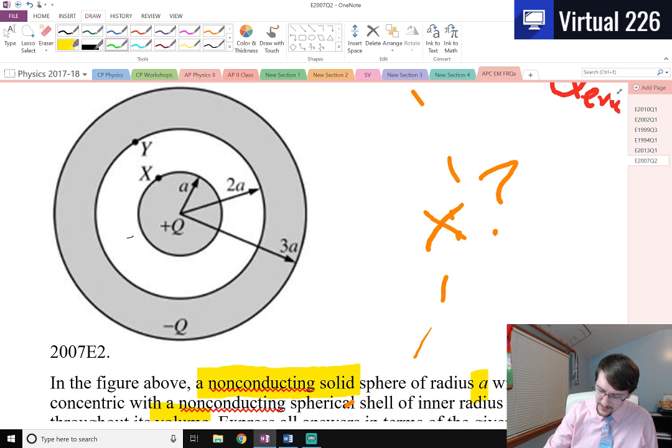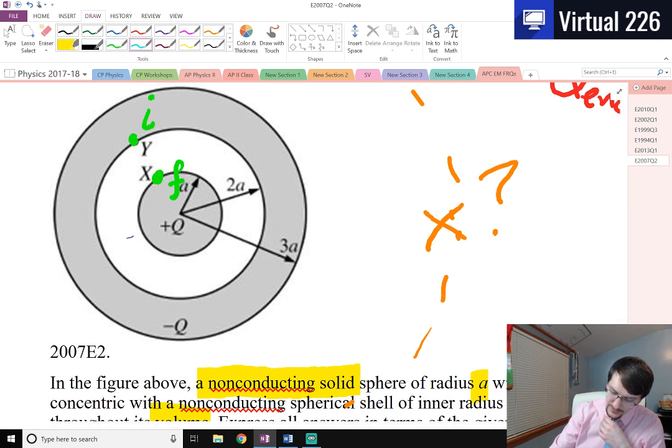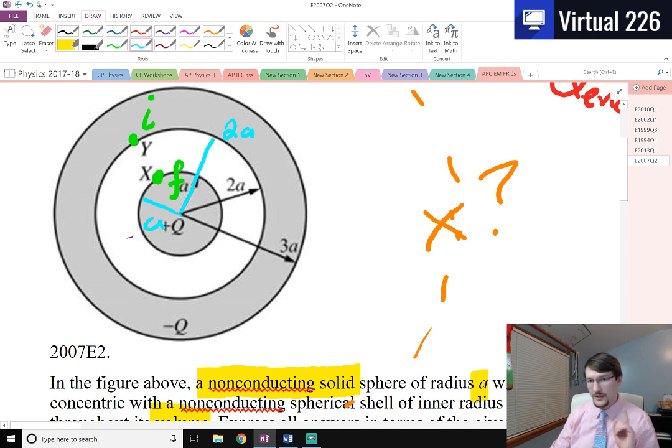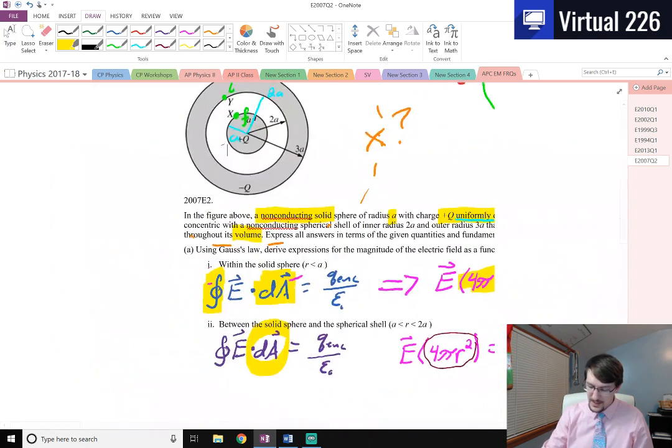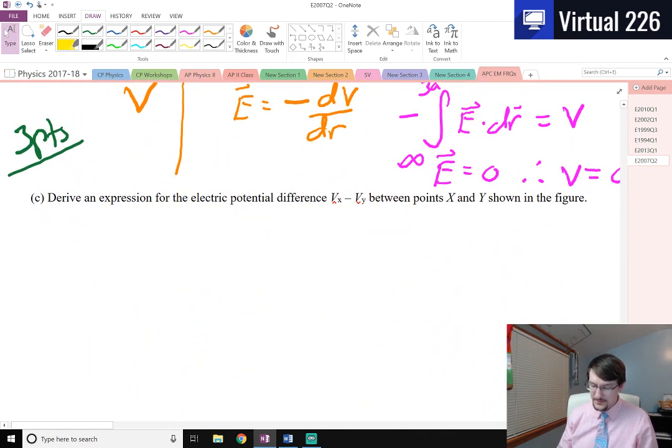So we're looking at from points X, that's our final position, to point Y, that's our initial position. So we're actually going Y to X in this case, which means that our initial distance away where we're starting is at 2a, and then we are ending at a radius of 1a. So that's an important thing to keep in mind when we do that. We're starting from far out and we're coming back in.